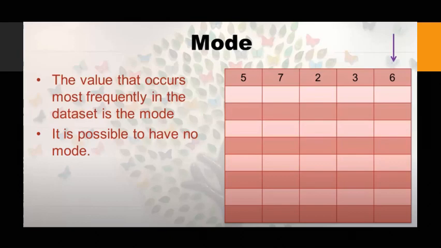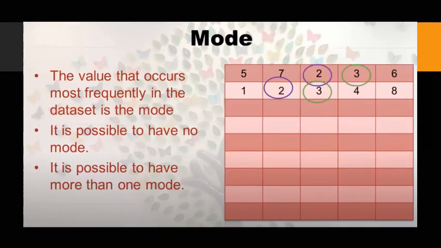But what if we change the 5 to a 6? Now we have no mode, okay? And that can happen. Sometimes you have no mode. Now look, we have more data and we have two 2s and two 3s. So what about this situation? Sometimes we have more than one mode.